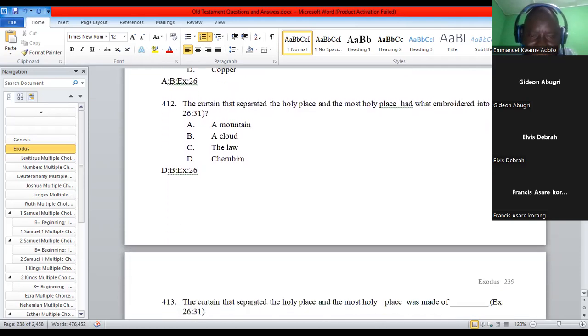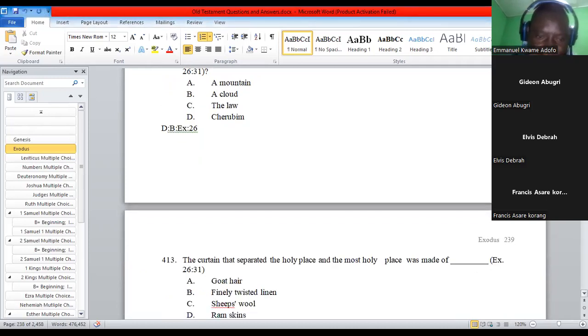The curtain that separated the holy place and the most holy place was made of, hey, the possible answers haven't come. Was made of, verse 31.